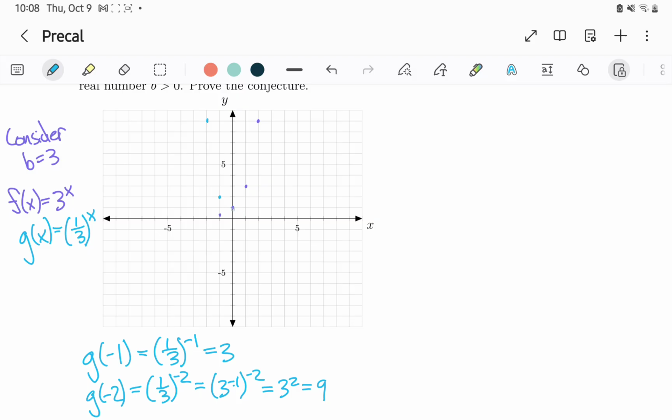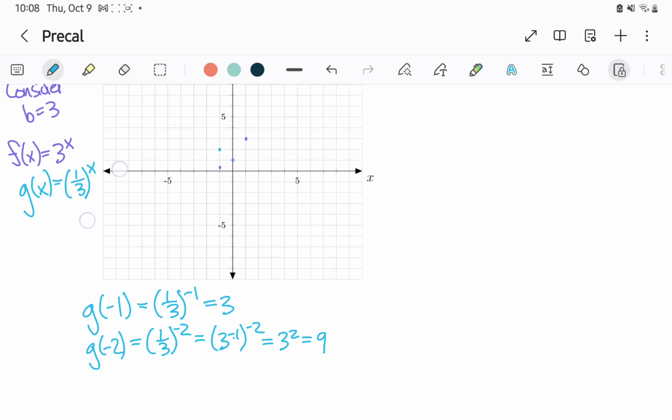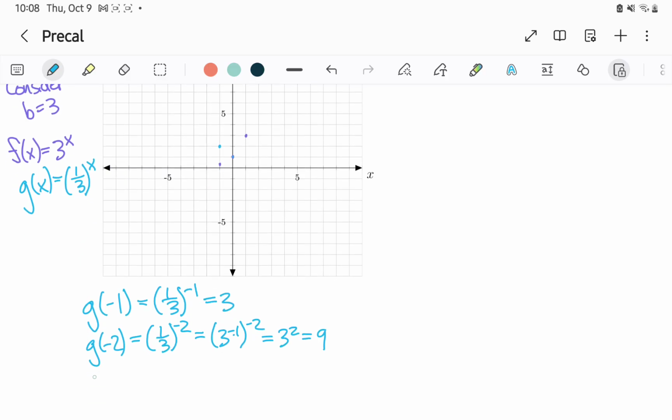Okay. And then when x is equal to 1, g of 1 is going to equal just 1/3 to the 1. So it's going to pass through the point 1, 1/3. So right there.